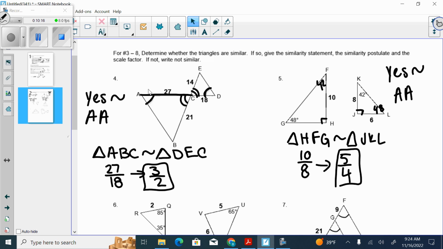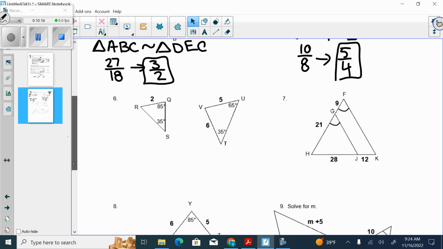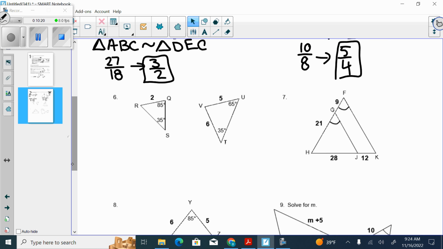Alright. Let's see here. Next picture. So how many angles did they give us that are congruent? One. Here and here. Okay, but I do know 2 of the 3, so I could find the third, right? So on the first triangle, what would angle R have to be? 60 degrees.